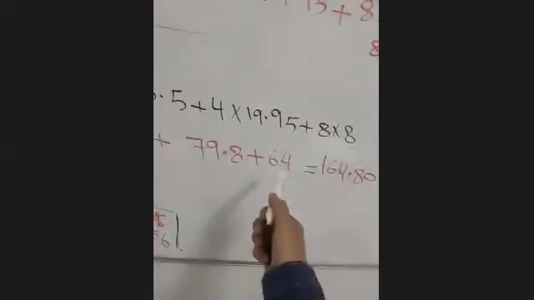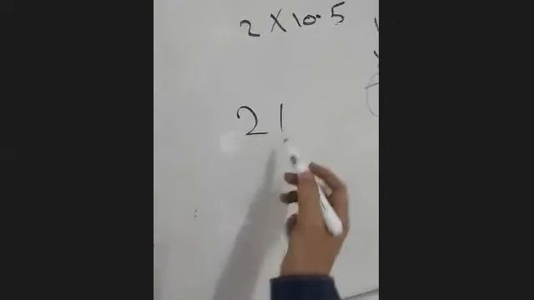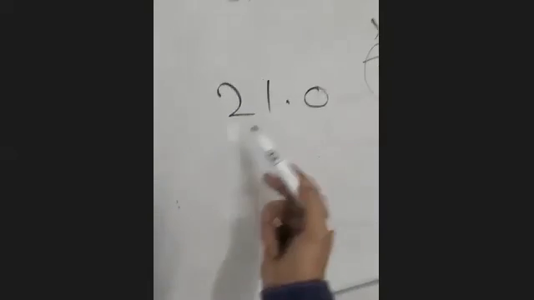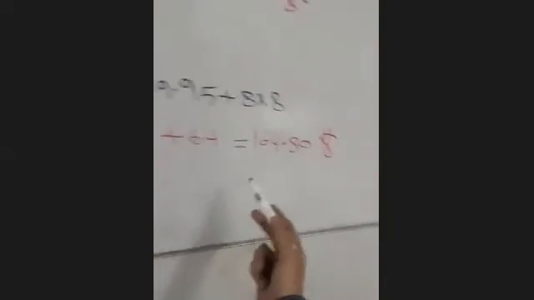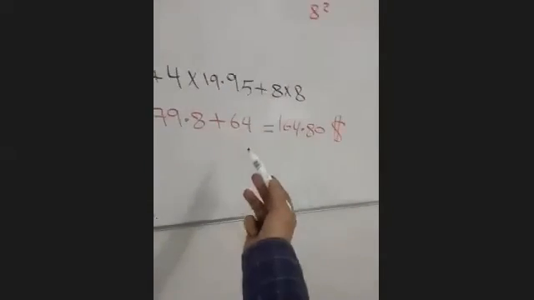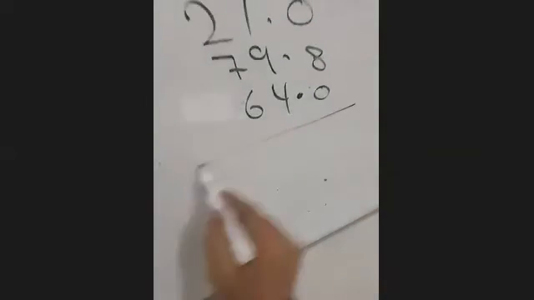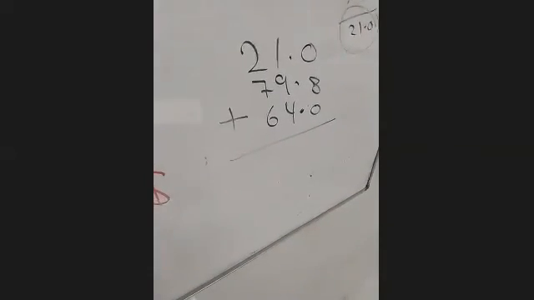Now how do we add these numbers, guys? We put them over each other. 21 has no decimal, so I add a decimal. Here 79.8. Here 64 has no decimal, so decimal 0. Then we add. We did that before. This is 8.